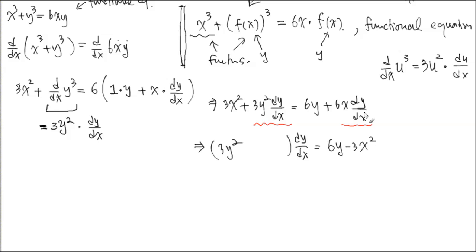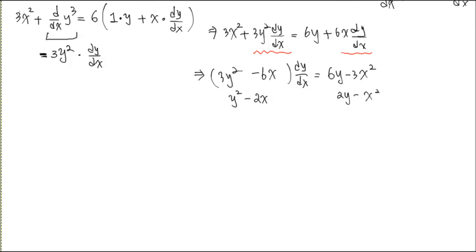But this one's over here, so there's a negative 6x. Is that right? You see some common factor? 3 is a common factor. Let's get rid of that. So there's y squared minus 2x. Is that better? And 3 is gone. It's 2y minus x squared. This is the coefficient of dy/dx, and the right-hand side is just 2y minus x squared. What's the next step?